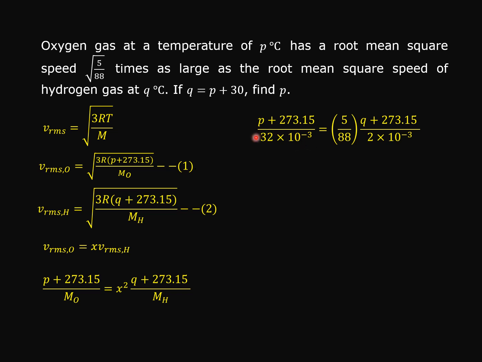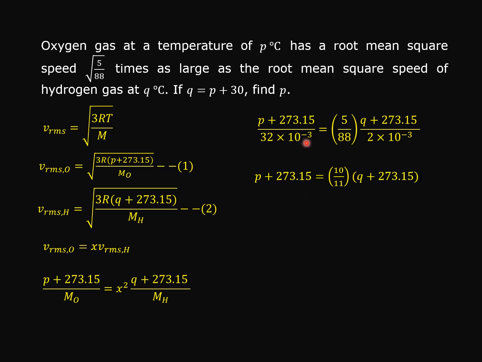The molar mass of oxygen is 32 gram per mole, so in kg it is 32 times 10 to the power of -3. And hydrogen's molar mass is 2 gram per mole, so it is 2 times 10 to the power of -3. After substituting these values in these expressions, it remains with P and Q, two unknowns.